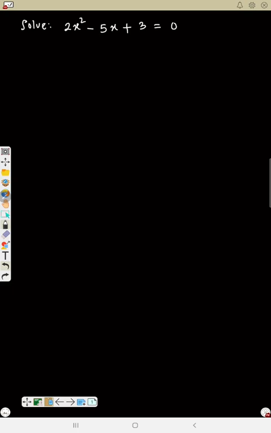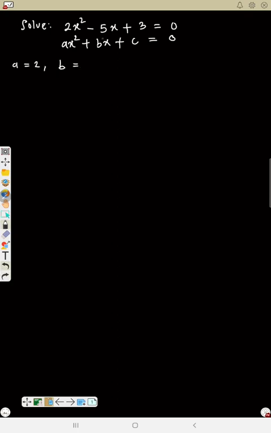Now if you compare this with ax squared, so if you compare now, a is equals to 2. That means this a is 2. The first number here is a. So if there is no number here, it means it's 1. That means a will be 1. But if we have a number there like this, a is 2.